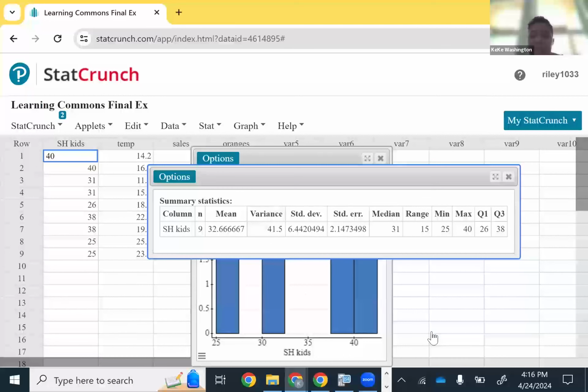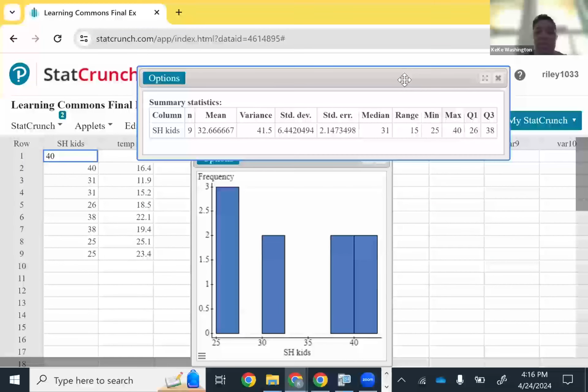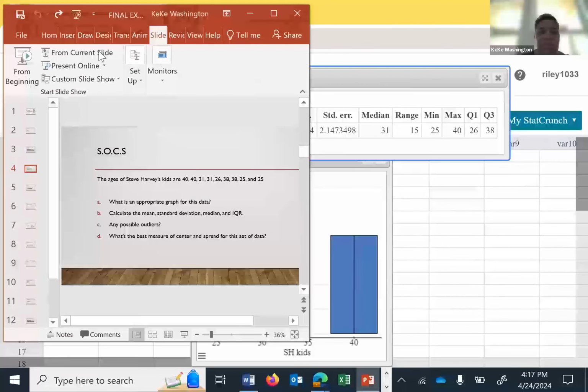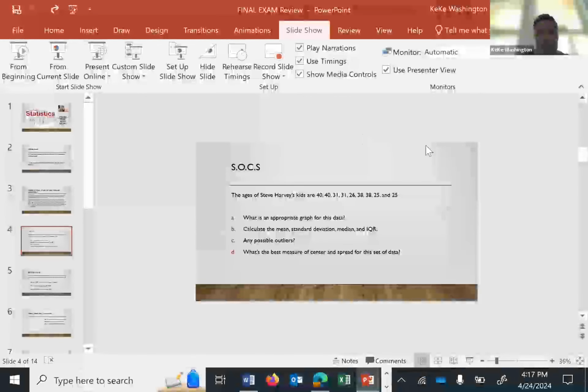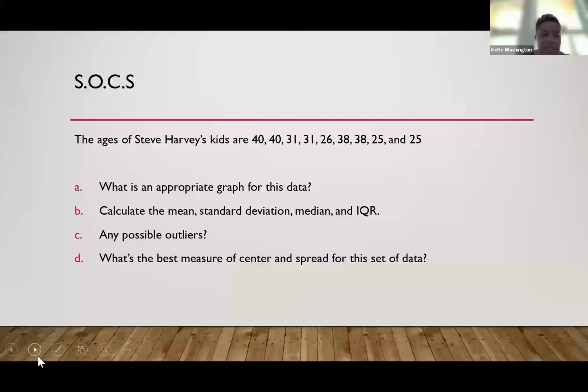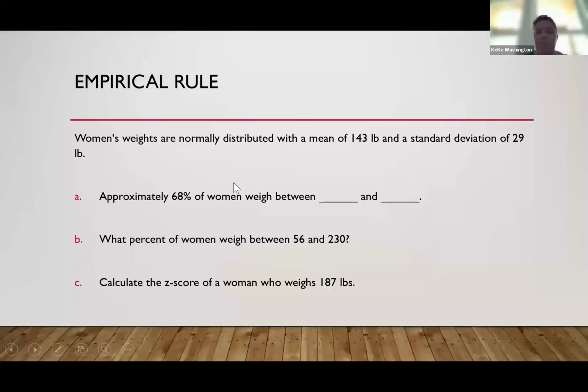Our mean is greater than our median, so we're going to go with this being a right skewed distribution. All righty, so that gives us a good recap of SOCS: shape, outlier, center, and spread.